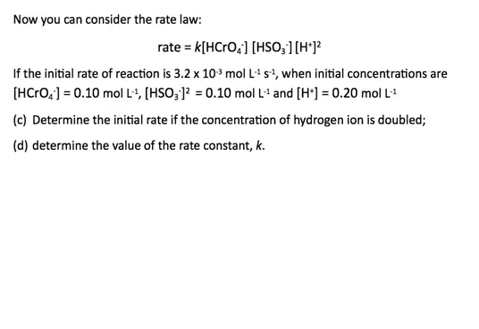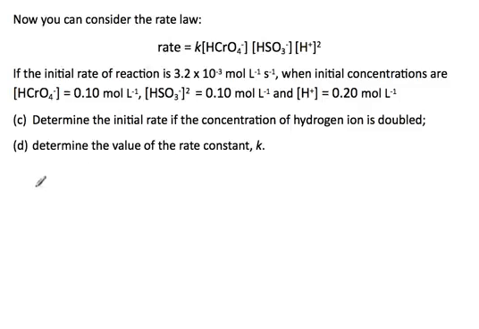Now, let's carry on with this one. Now we have an initial rate of reaction, 3.2 times 10 to the minus 3 moles per liter second. So if the initial concentration is such, that's when we can calculate that rate. We have to know the rate constant, but we do know that that's the rate for those concentrations.